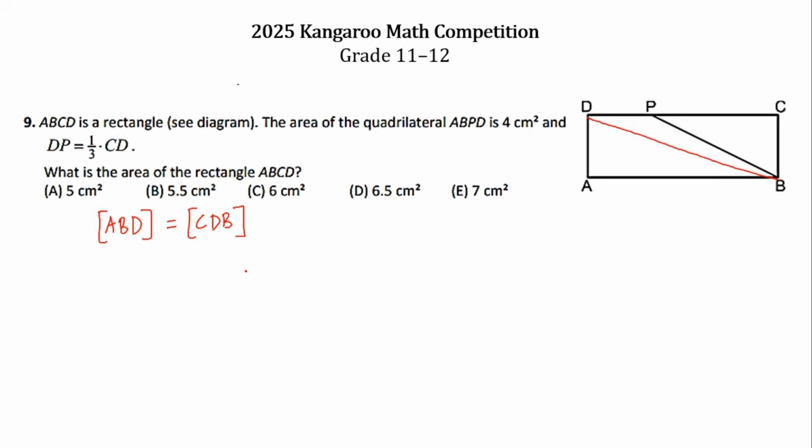Now suppose that the area of triangle ABD is A. So the area of triangle CDB must also be A. So each of these is equal to A. Now, notice also that the sum of the areas of triangle ABD and the area of triangle DBP is equal to the area of quadrilateral ABPD.